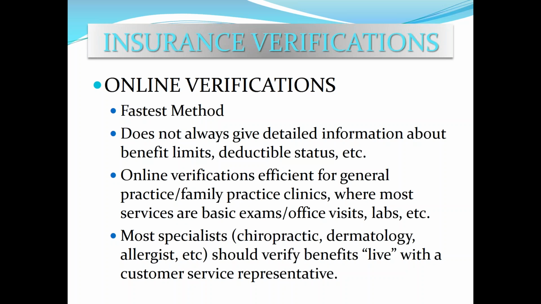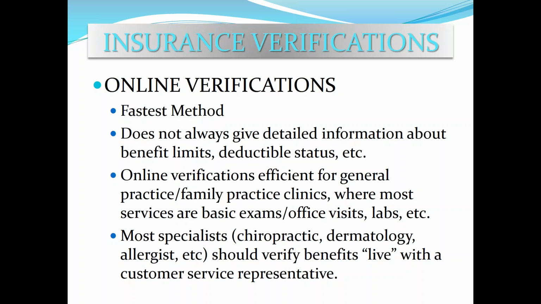And I will tell you that over the years, insurance carriers have gotten much more accurate with online verifications, to the point where under many circumstances you can obtain benefits online without having to call, which is really nice because that takes a fraction of the time as a telephone call. It's the fastest way to do it.